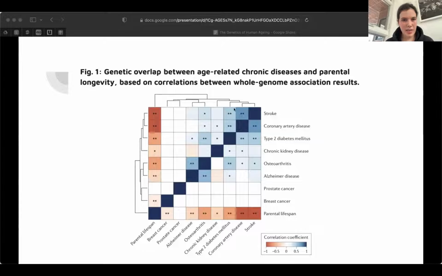And so the diseases and parental lifespans were ordered by similarity in patterns of genetic correlations using clustering, which is explained in further detail in one of the supplemental tables. So again, I can't really speak to the statistical minutiae here, but if you look, you'll see that the orange or more red tone with negative correlation coefficients, I believe that meant there was a less strong connection with parental lifespan in terms of onset.